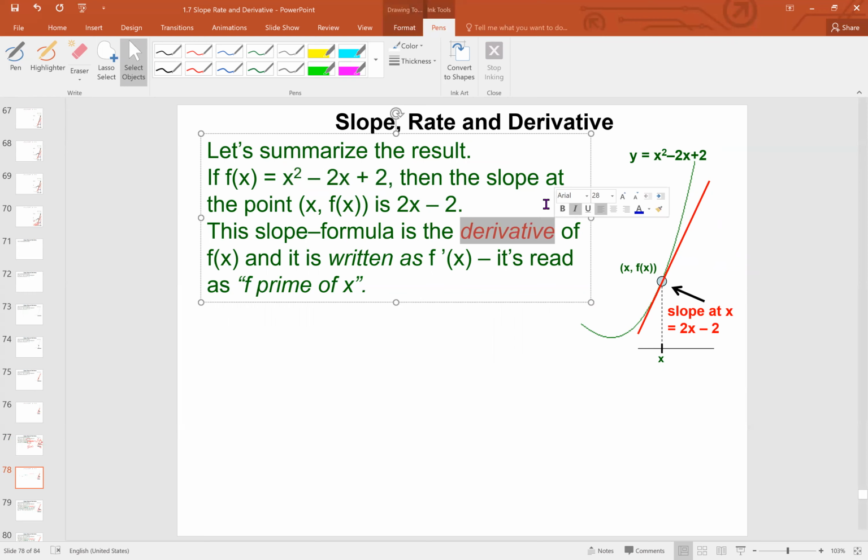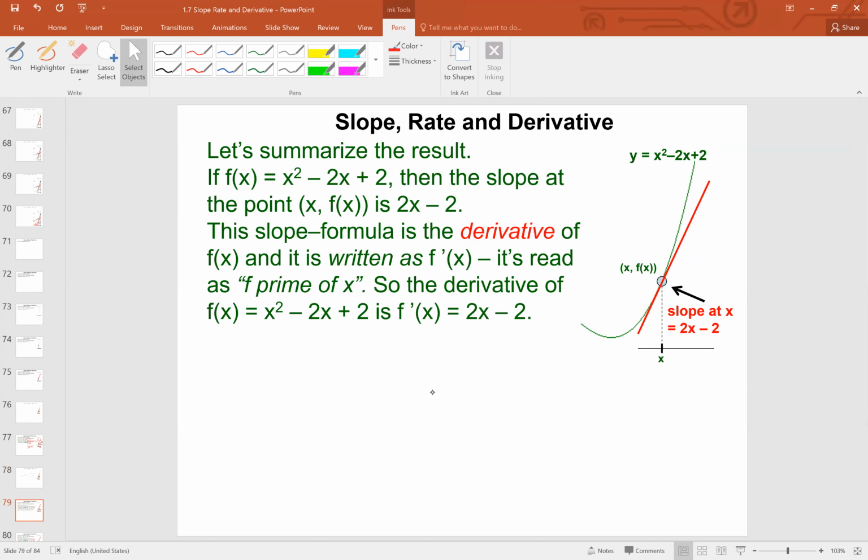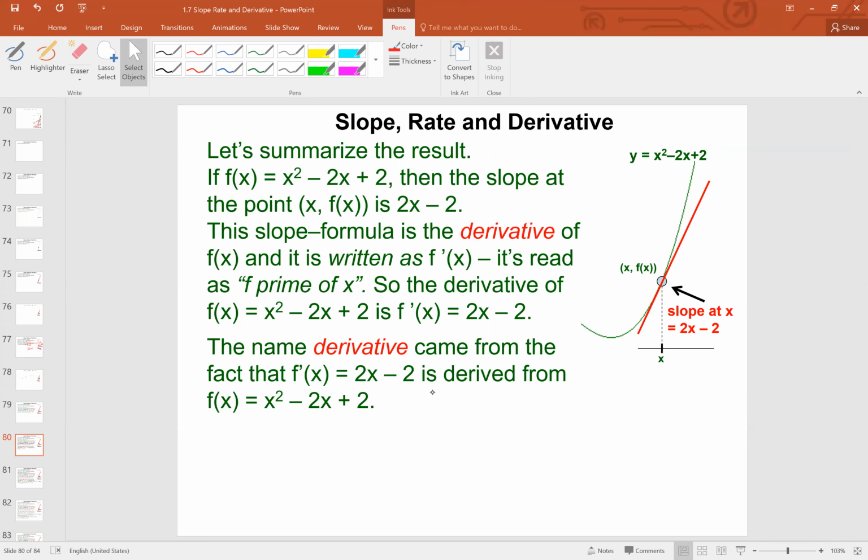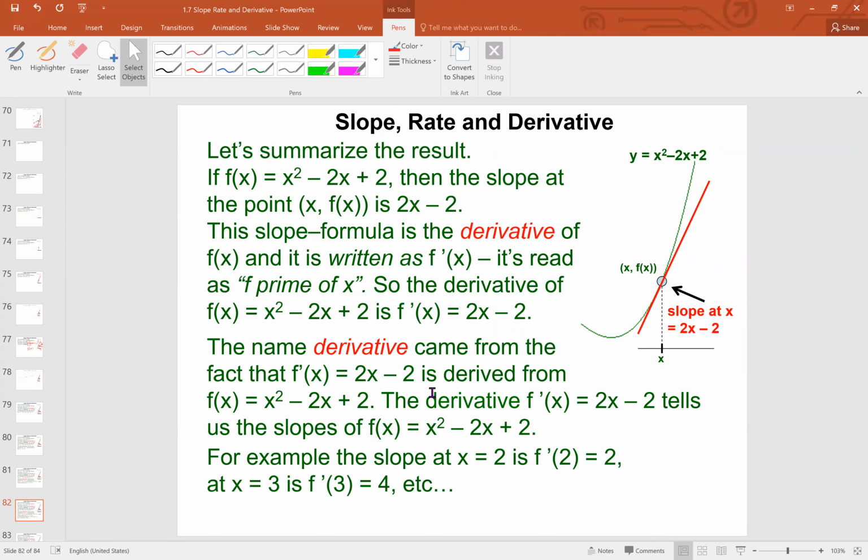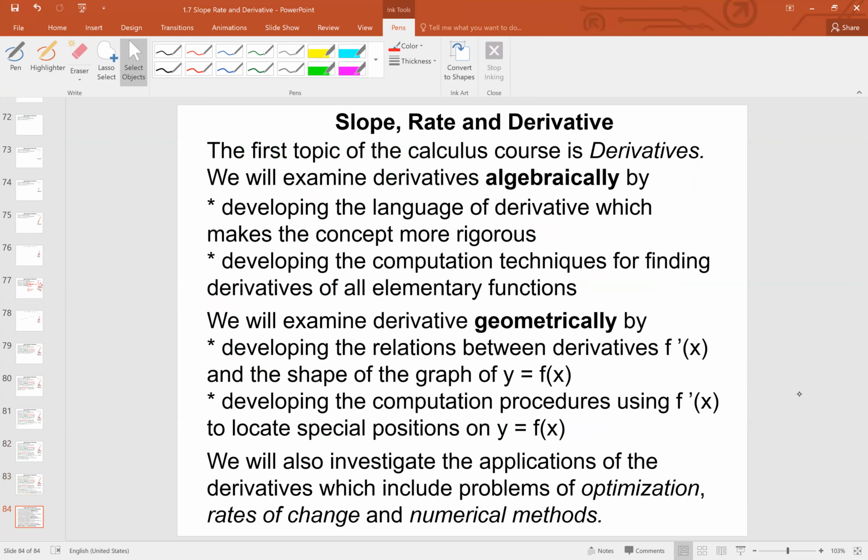Therefore, we call 2x minus 2 the derivative. So, for example, at the point x equal to 3, if you just want to know what the slope of the tangent is, you plug 3 into this formula. 2 times 3 is 6 minus 2, you get 4.